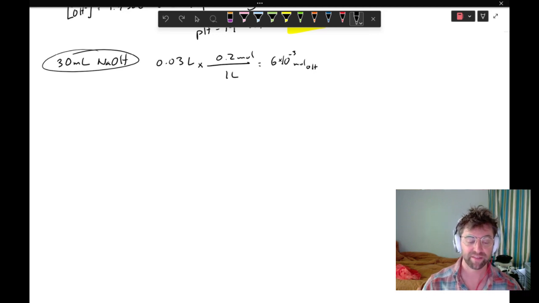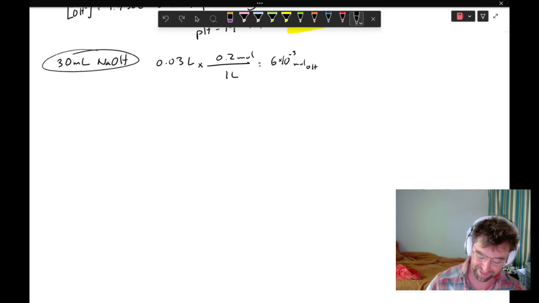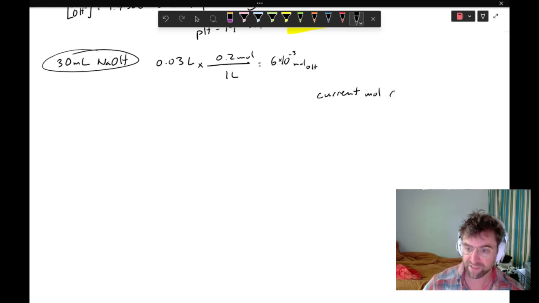Okay, this one, the logic is a little bit inverted. We know that we have an excess of sodium hydroxide because we have already determined what the equivalence point was. So we can take an additional shortcut here, and using a similar table to the one that we had previously, we had current moles of hydroxide.